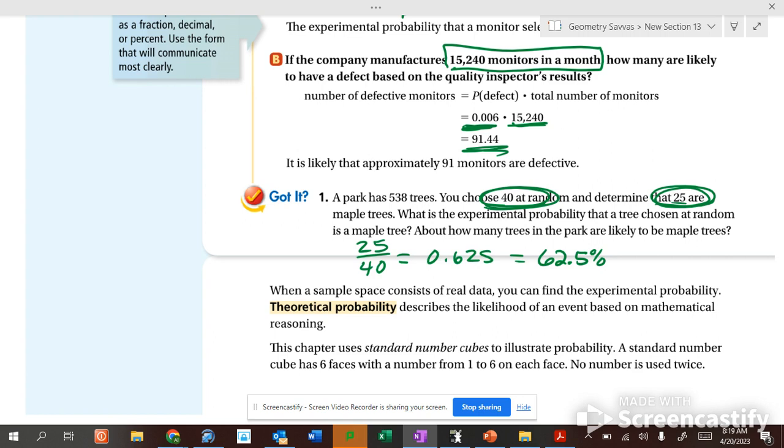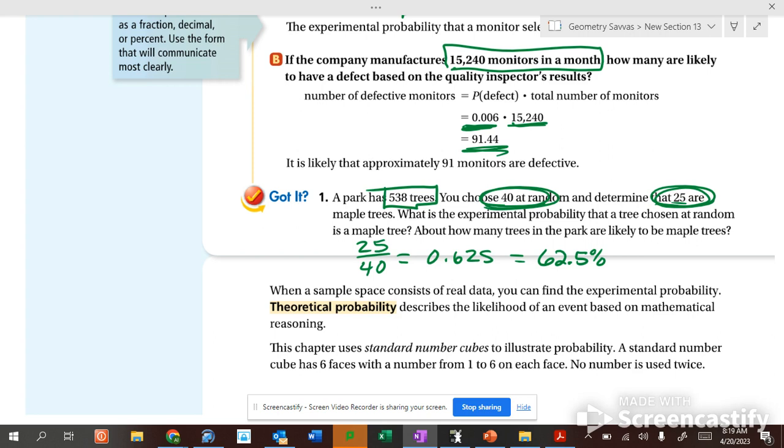Now, if the park has 538 trees, how many do you think are going to be maple trees, Christina? If the park has 538 trees and 62.5% of them are maple trees, how many maple trees do you think are going to be in the park?